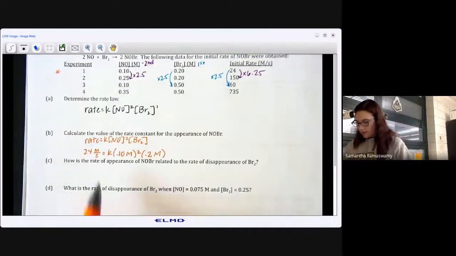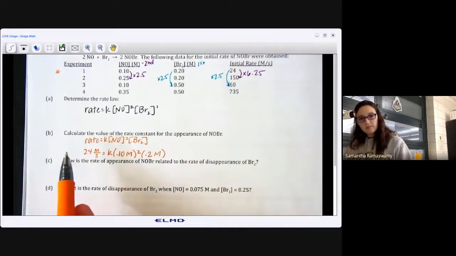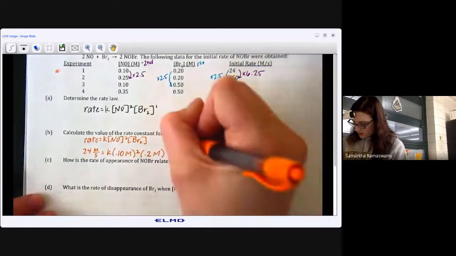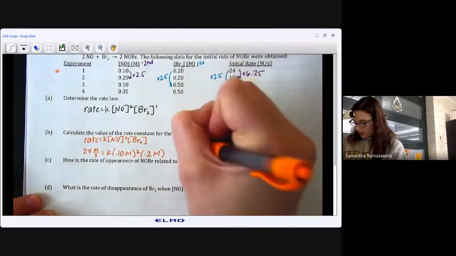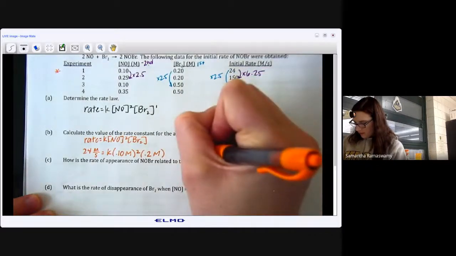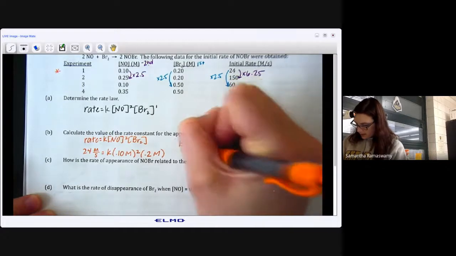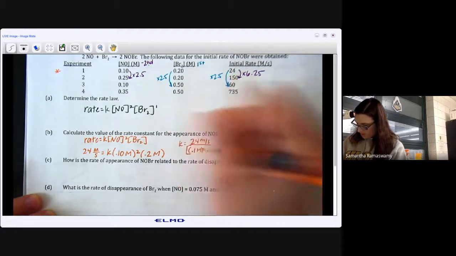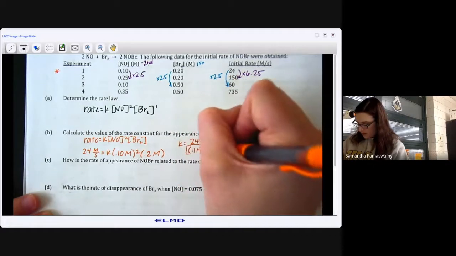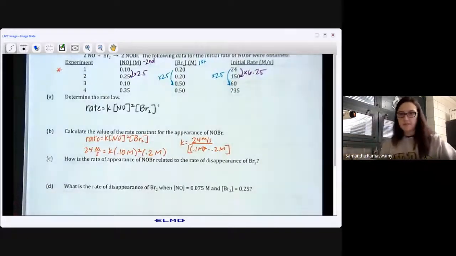If I want to solve for K, I have to divide everything that's over here over. So just be careful how you're doing the algebra. I'm going to put it in parentheses: 0.1 molar, that's squared, times 0.2 molar. I guess put it in brackets.